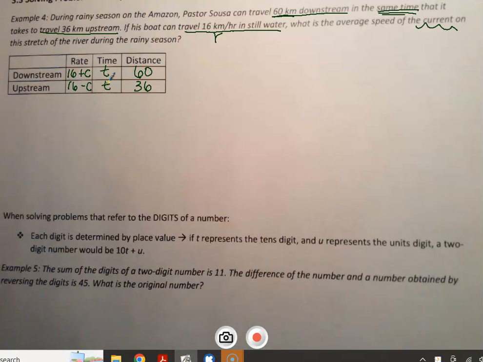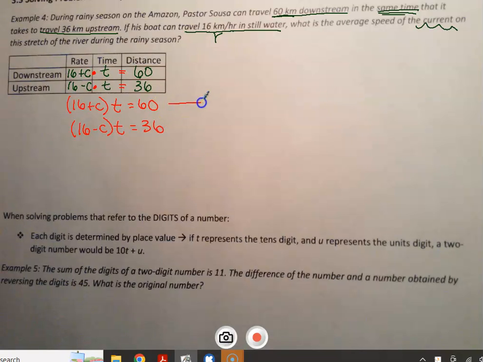The nice thing about this one is that we have our two systems right here, because it's our rate times the time equals the distance, and our rate times time equals the distance. So my two equations for my system are simply the quantity 16 plus c times t equals 60, and the quantity 16 minus c times t equals 36.